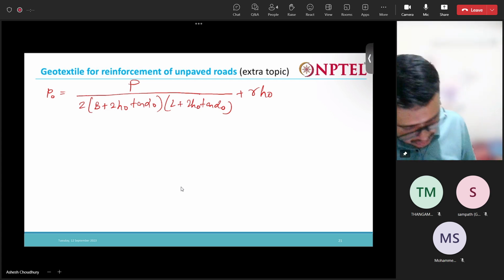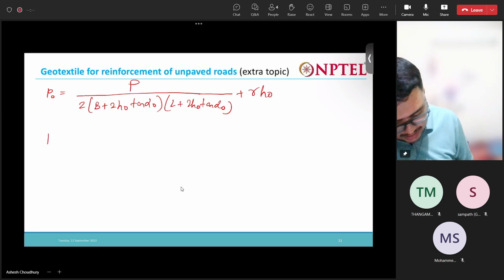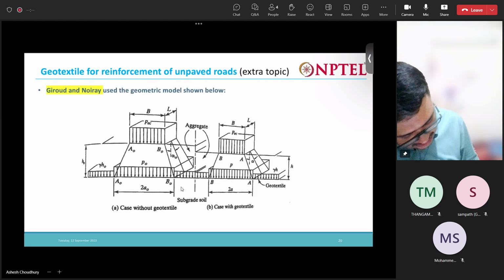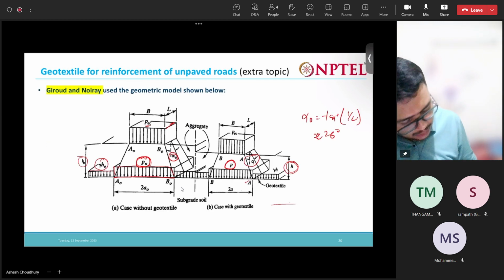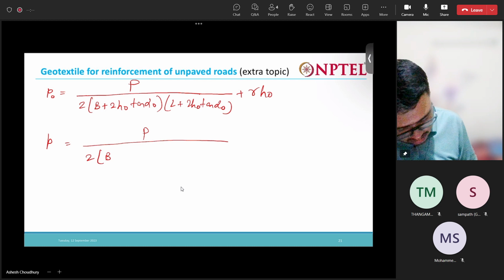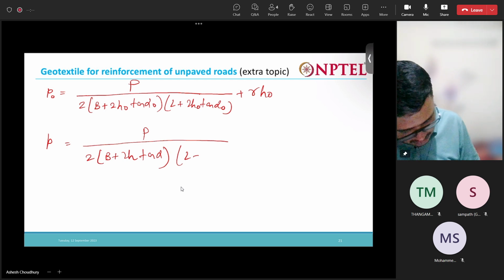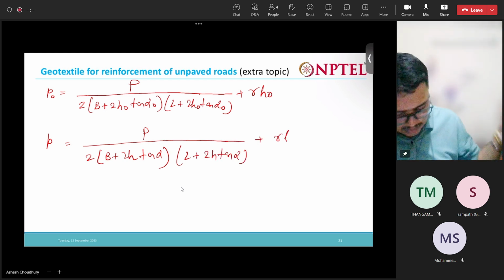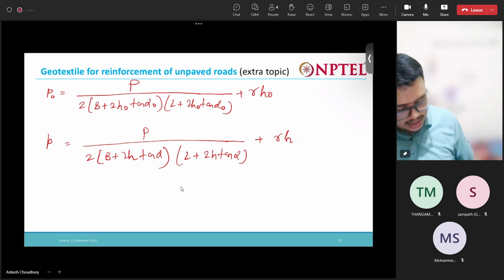All right, and this P, when we are using some reinforcement, is the same, but here it's different.